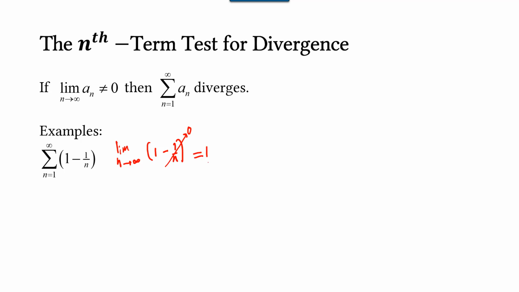So the limit of the nth term is 1. Well, 1 is not equal to 0, and so by the nth term test, the original series has to diverge.